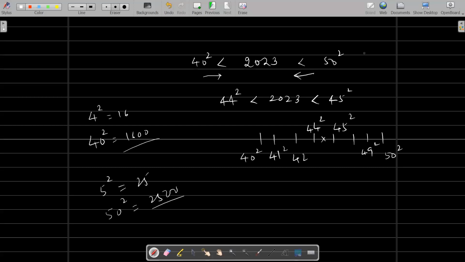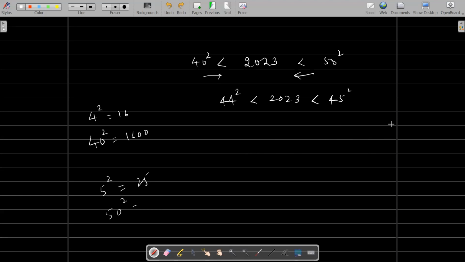Okay. So let me go ahead. Still we haven't completed the problem. So, yeah, 2023 lies between 44 square and 45 square, right?